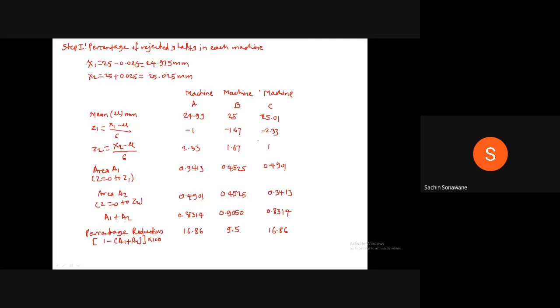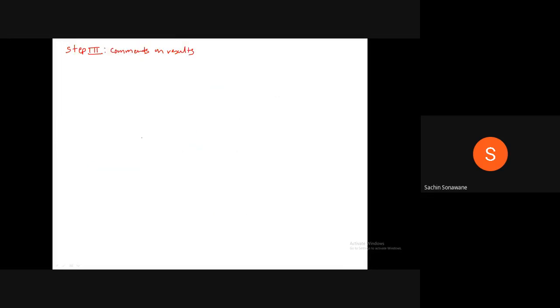Comments on results. Now, first of all, Z1 is equal to -1 and Z2 is equal to 2.33. Therefore, we will draw the diagram.